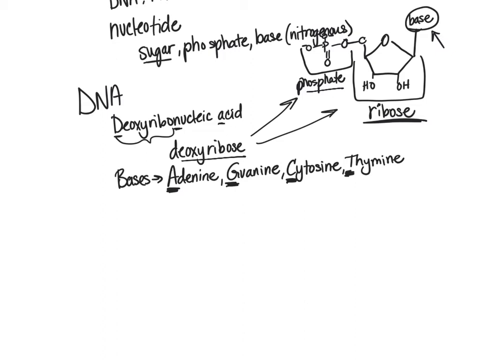We are going to form a bond between the phosphate group of one nucleotide and the deoxyribose of another nucleotide. And that's going to form the backbone of our DNA.